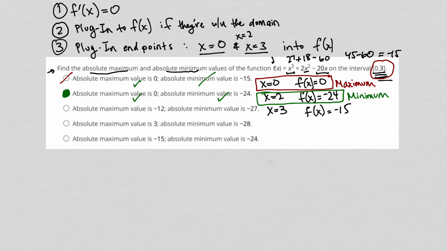The next answer says absolute maximum value is negative 12. No, there's no negative 12 among our values, so that's out. Negative 27 is also not present. We have a 3 and negative 28, so we don't expect those. Negative 15 and negative 24 we do have, but negative 15 is definitely not our maximum, because 0 is bigger than negative 15, so all of these are out. So here's our correct answer. And again, here are our steps to get there.